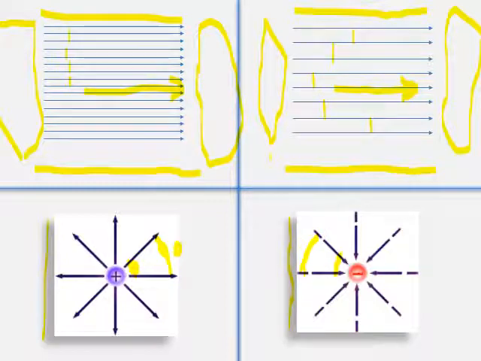Because as you go from one point to another, the intensity of electric field changes, and hence it is a non-uniform electric field. So for a uniform electric field we use parallel arrows which are equidistant. For a non-uniform electric field, the distance between the arrows changes as we go from one point to another.